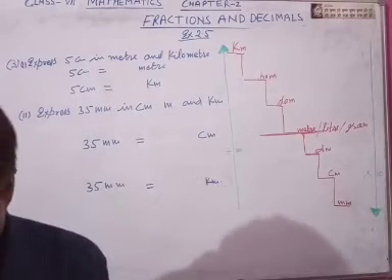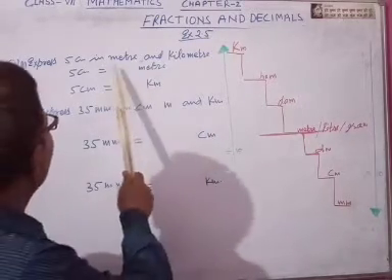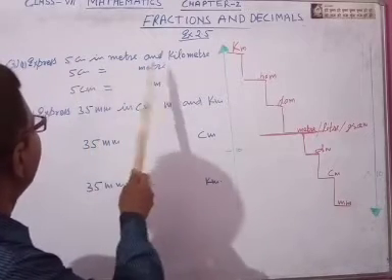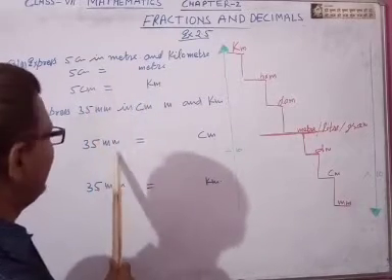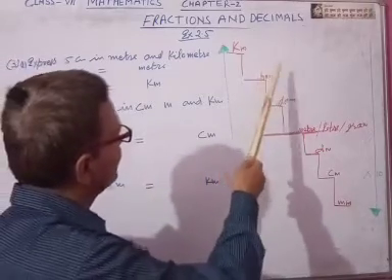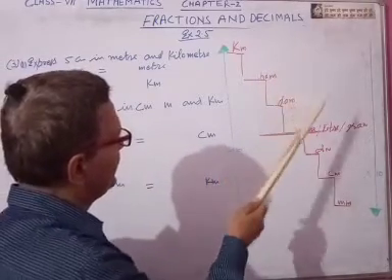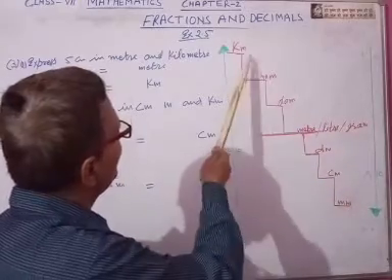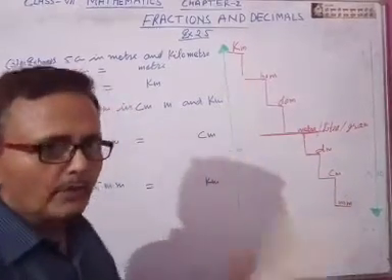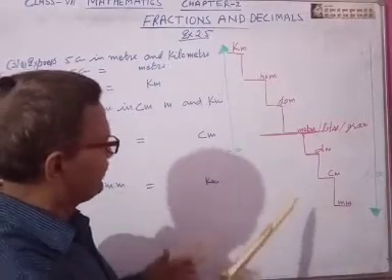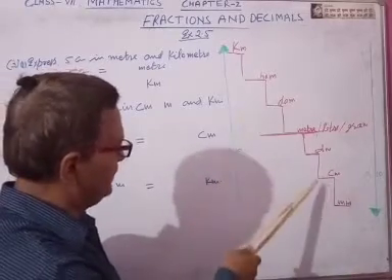It is very difficult to learn the measurement, to change meter into kilometer, or centimeter into meter, centimeter into kilometer, millimeter into centimeter, millimeter into kilometer, or hectometer into decameter, meter into decimeter. First of all, you will learn how we change these units.